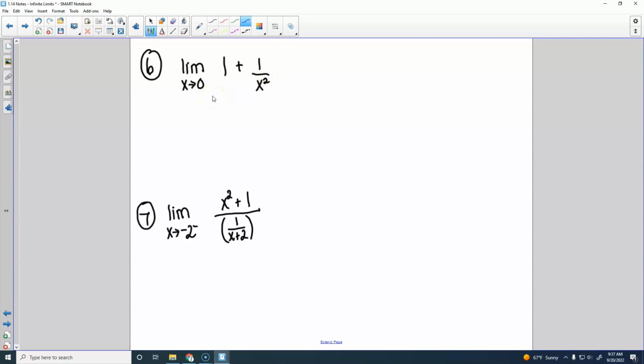Be really careful, because as I was thinking about this, I was like, oh, that answer is 1. Why is it not 1? We're approaching 0. What was I thinking? As x approaches infinity, this would go to 0. You would get 1 as your answer.